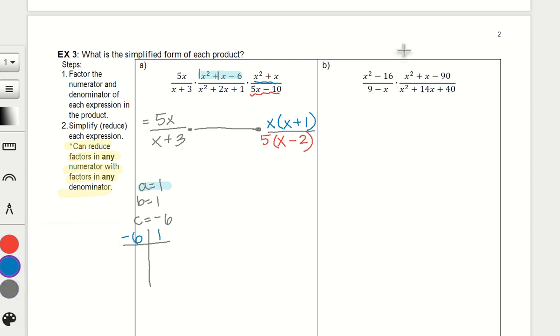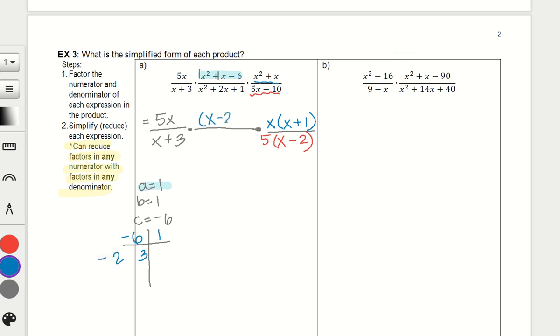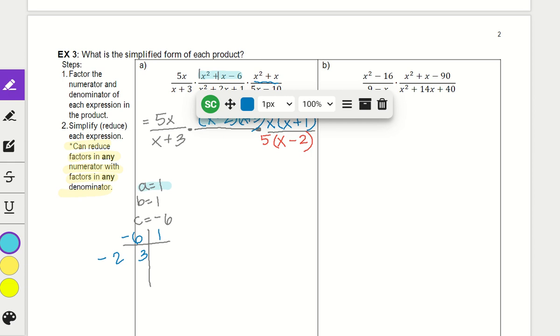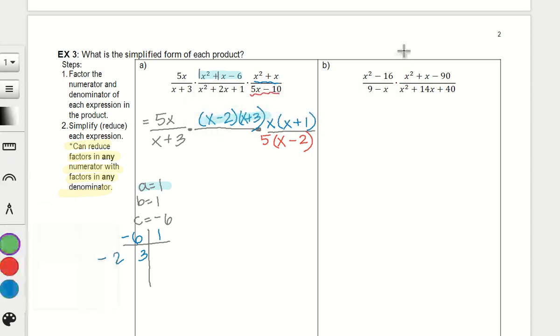And so that's where we got the 2 and the 3, where they have to be a negative 2 and a positive 3. So I'm going to rewrite that as x minus 2 times x plus 3. So remember how we talked about factoring is not going away. We have all of these methods that we need to be able to do.